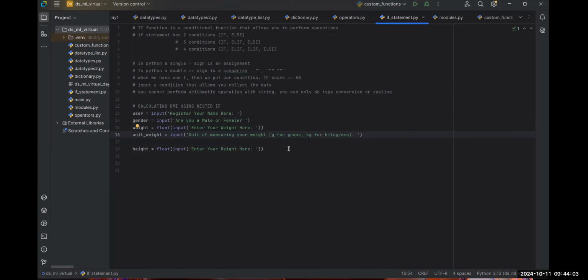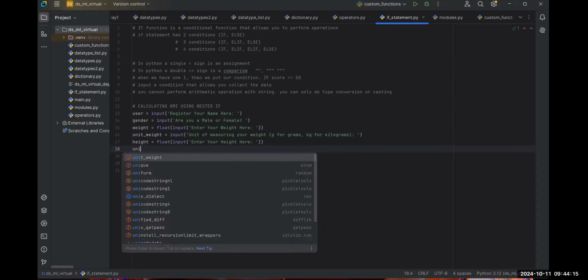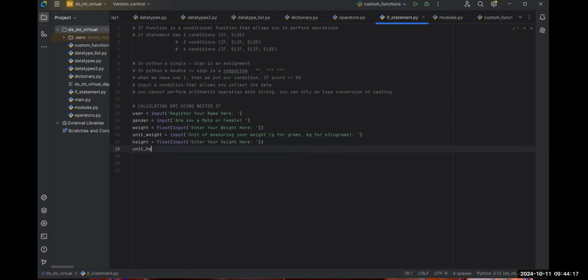Now let's collect our height. We've collected our height, but we're also going to collect our unit height. Unit height is equal to how many units for height do we want to specify? Now let's see how many we can specify.